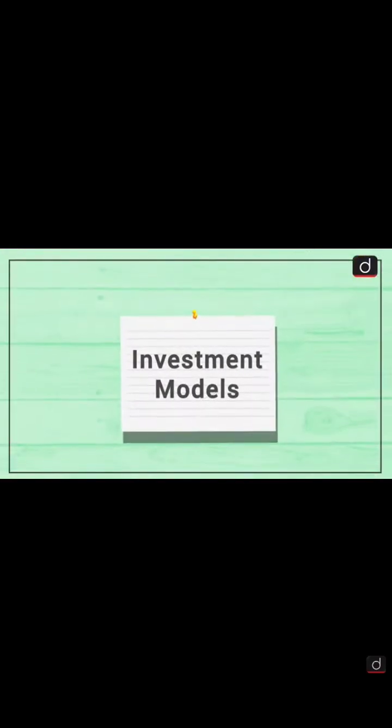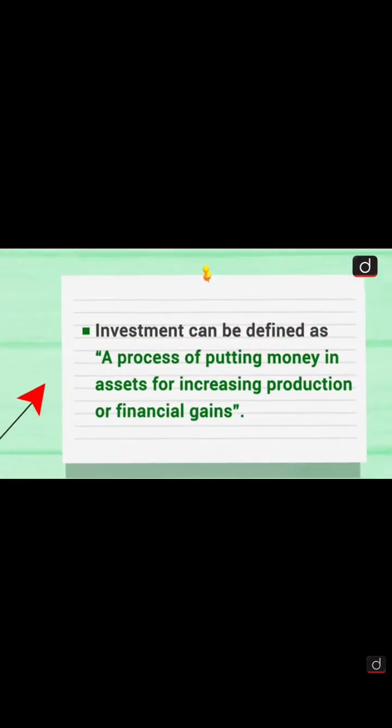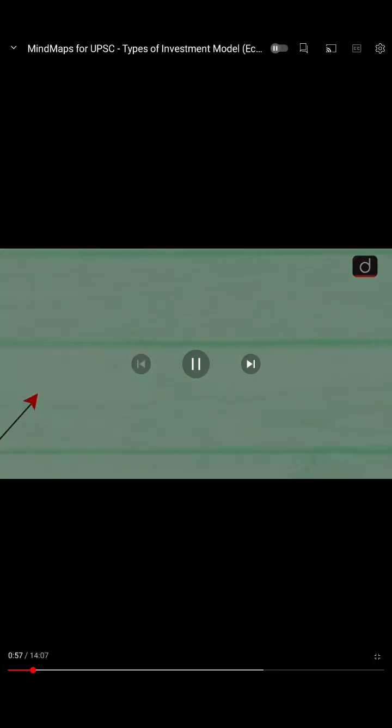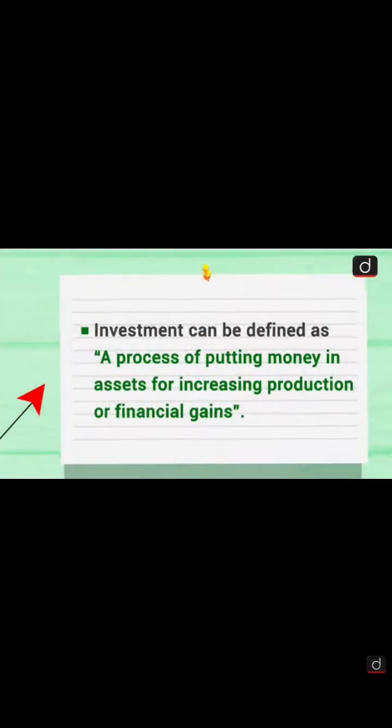public-private partnership. Here, investment, we know, is defined as a process of putting money in assets for increasing production or financial gain. So, investment, what can we call it? We can call it that we are putting money in assets for increasing production or financial gains.